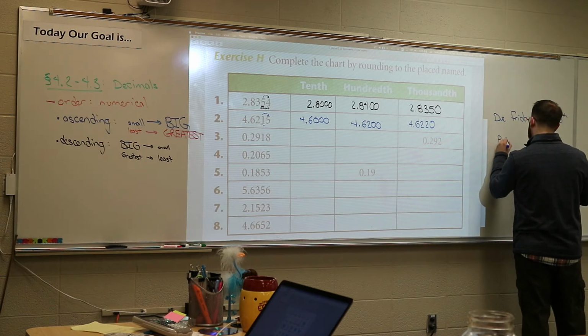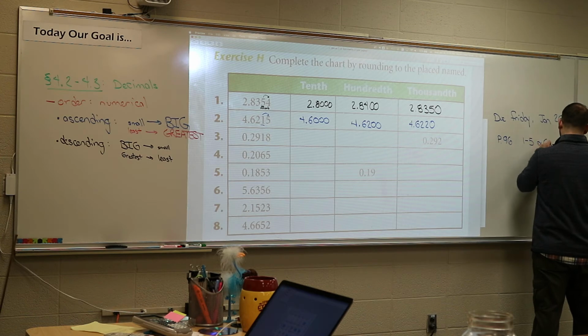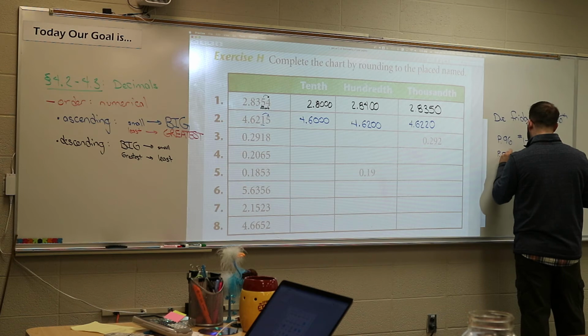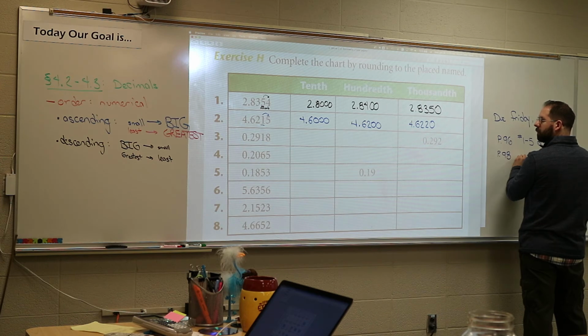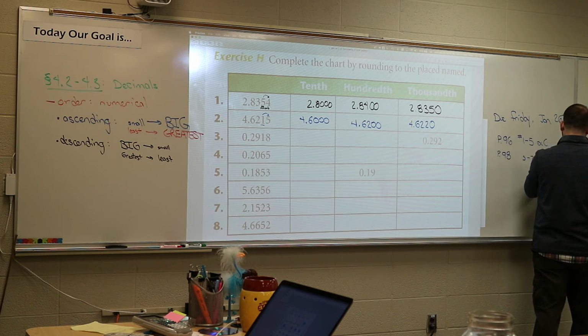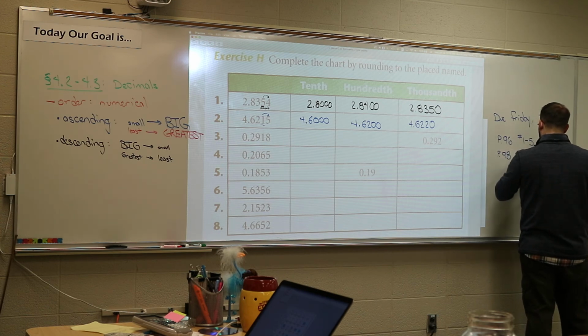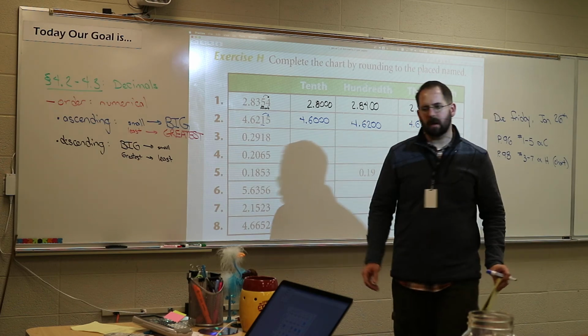It is page 96, 1 through 5, exercise C. And then you're going to turn to page 98, and you're doing 3 through 7, exercise H, and that's the chart that I'm putting on the board right now. Make sure you're doing the right exercises on those assignments.